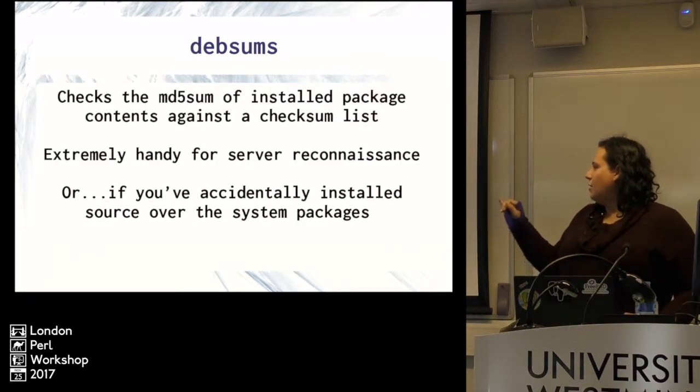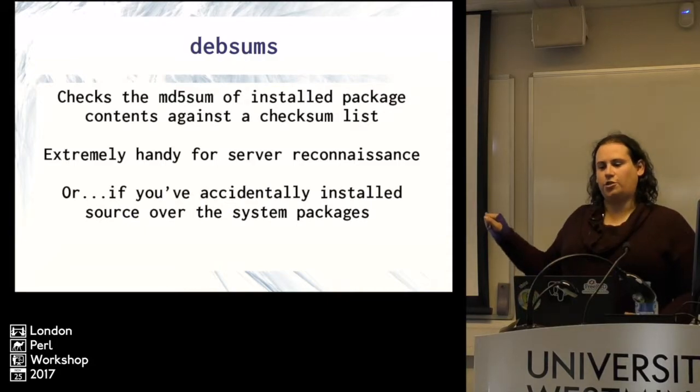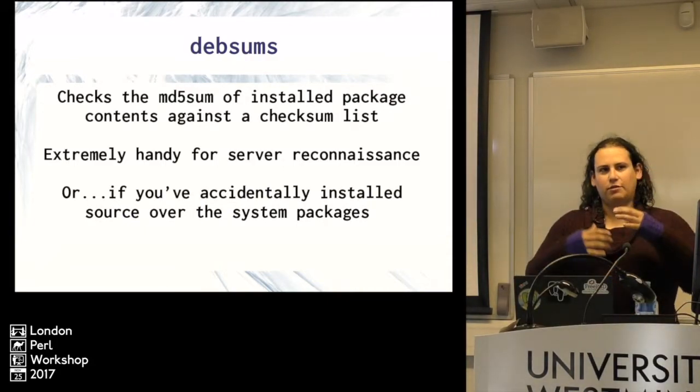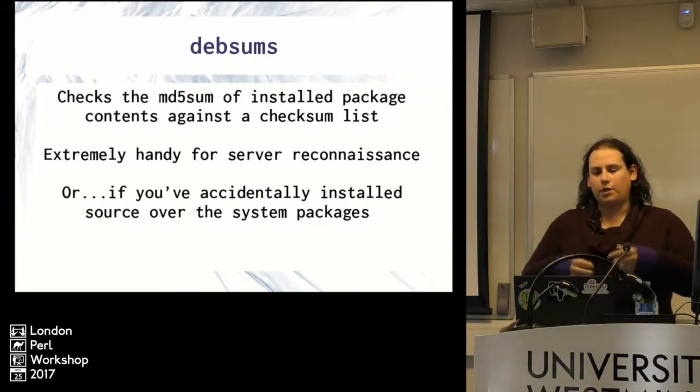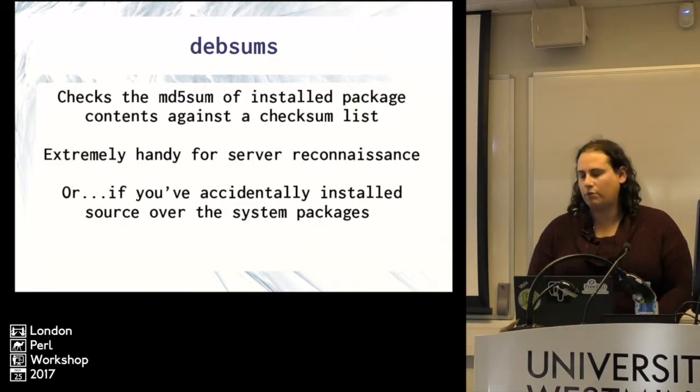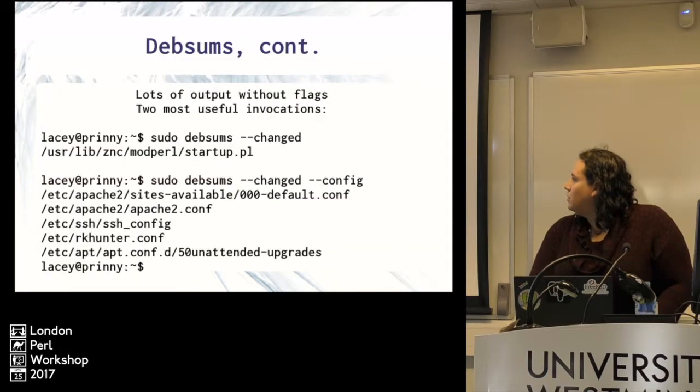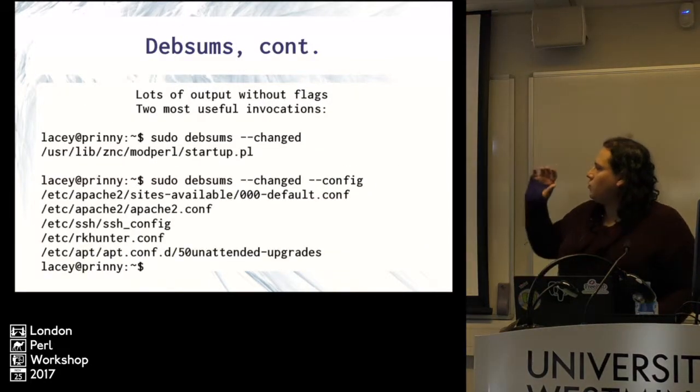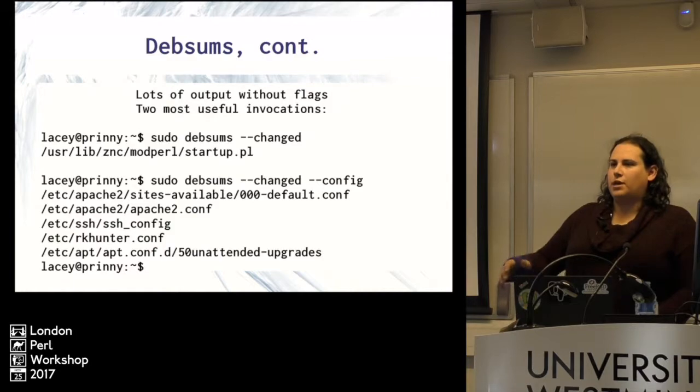So this told me everything that it touched, and then I was able to grab all of the Debian packages and reinstall them over and basically rescue their work system. So it gives you a lot of output without flags.